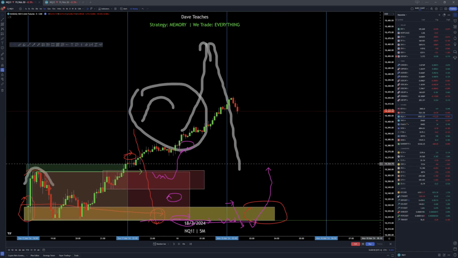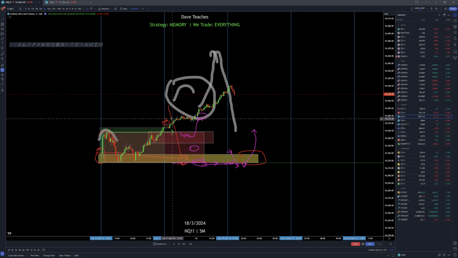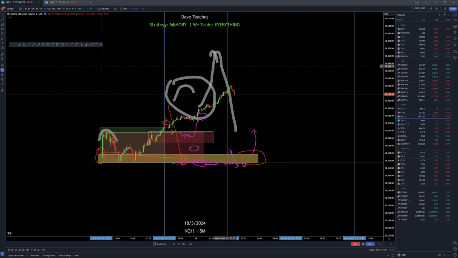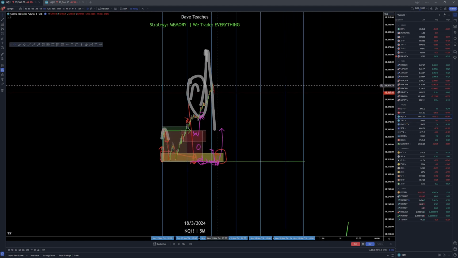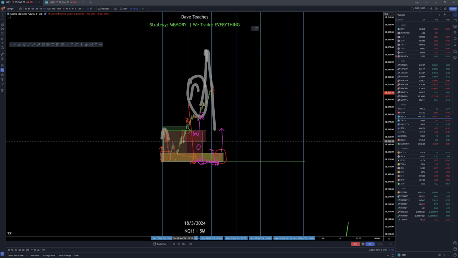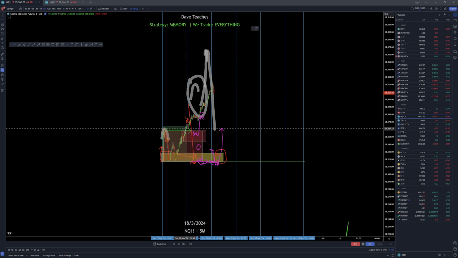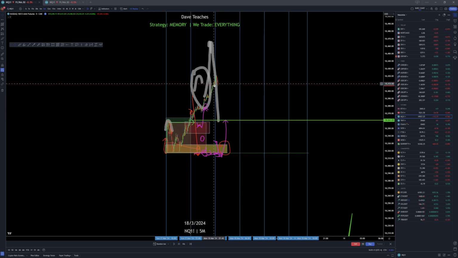So remember what I said. This is still valid. This whole thing that was drawn up here, right? Because it's basically tracking what these 4-hour candles are doing, right? So now you know there's a 4-hour low here, right? There's the one that opened up in Asia and traded this way.